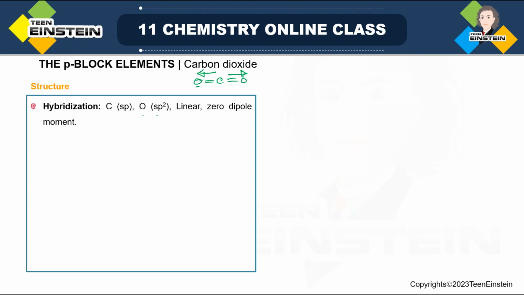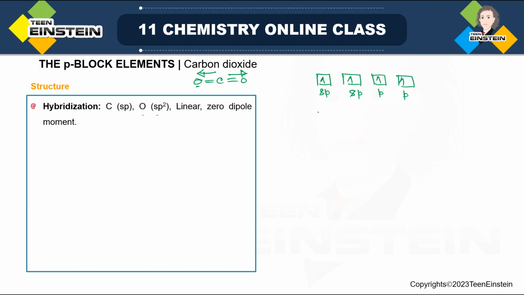Now how do we explain this bonding? Here, for carbon, as it is sp hybridized, there will be 2 sp orbitals and 2 p orbitals that will remain as pure p orbitals. And here I will draw the total 4 valence electrons like this. Now what about oxygen?